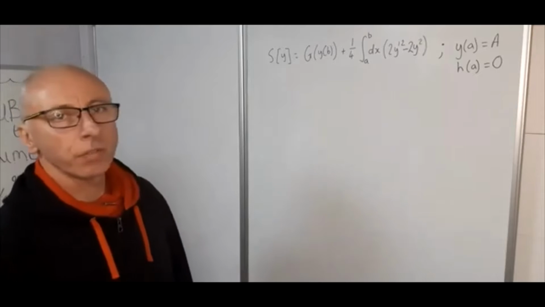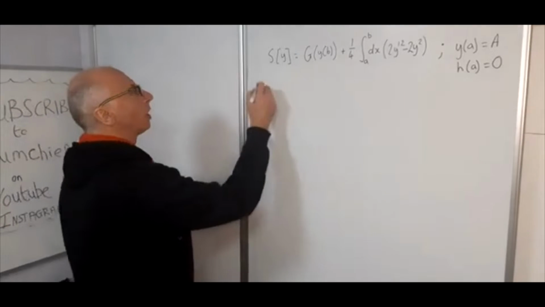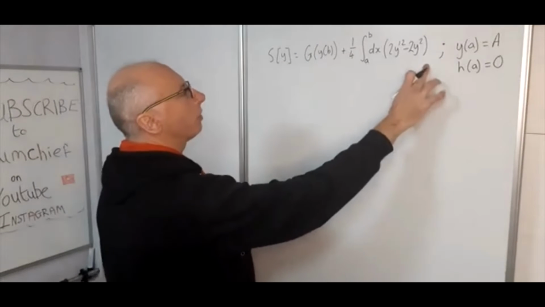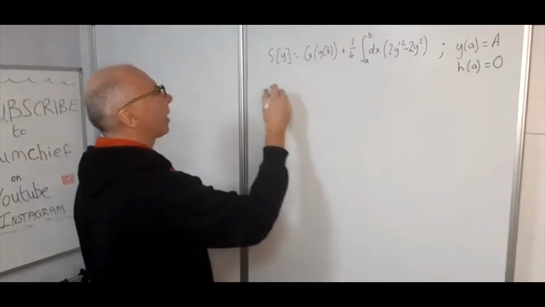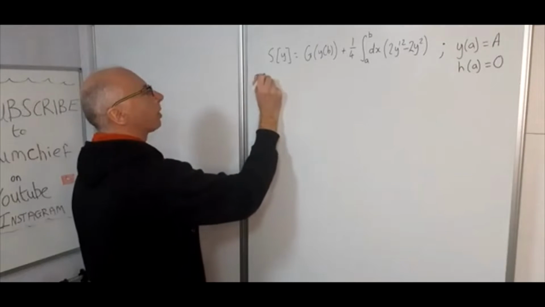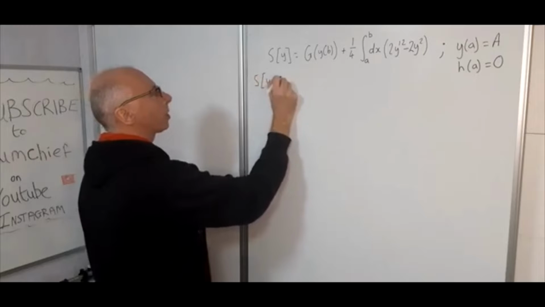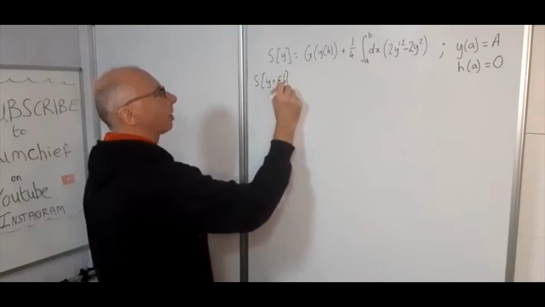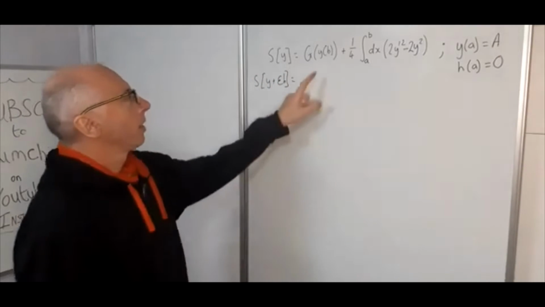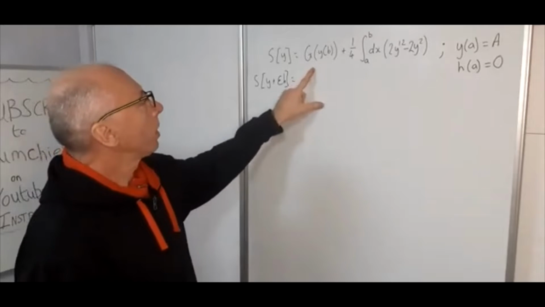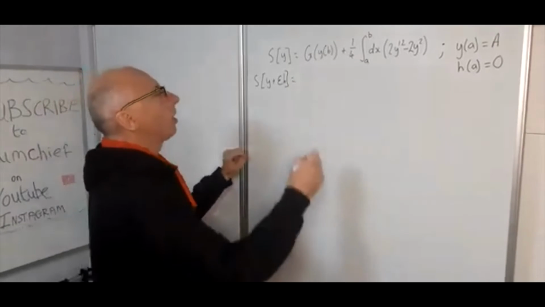Okay, so Gateaux differential. First of all, we need to find this function with regards to y plus epsilon h. So now what we do is S(y plus epsilon h). Wherever we see a y, we need to put epsilon h on top of that.